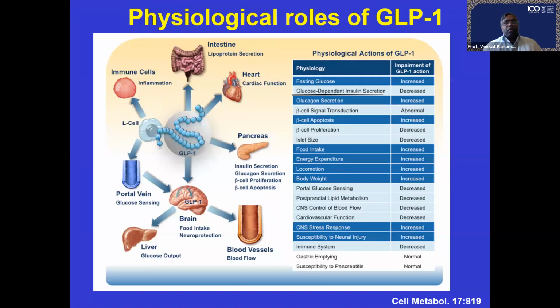One of the important hormones that regulates insulin secretion is GLP-1, glucagon-like peptide 1, which regulates many physiological functions, all illustrated here. The main function is that it controls insulin secretion in a glucose-dependent manner.